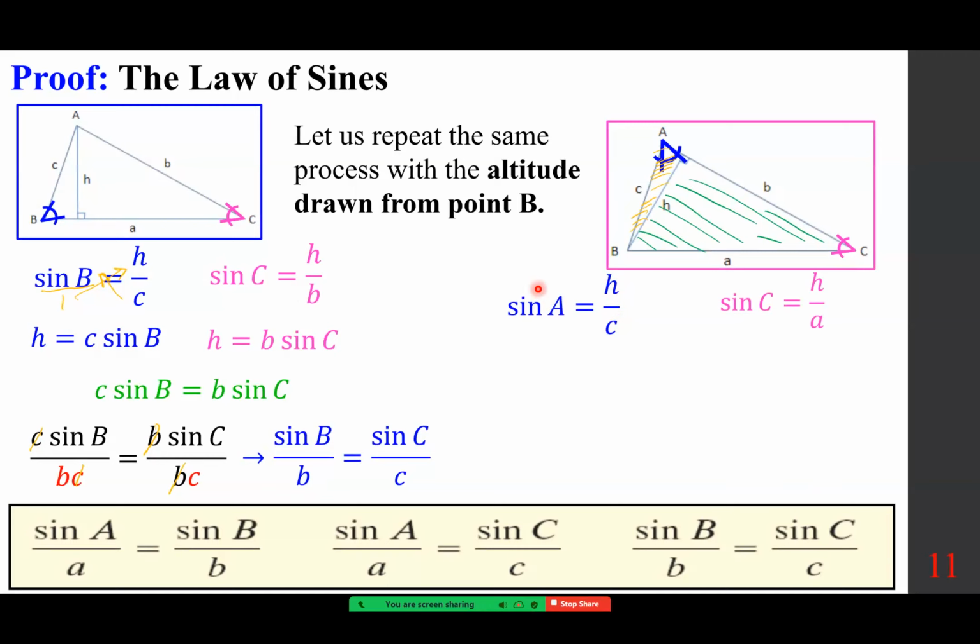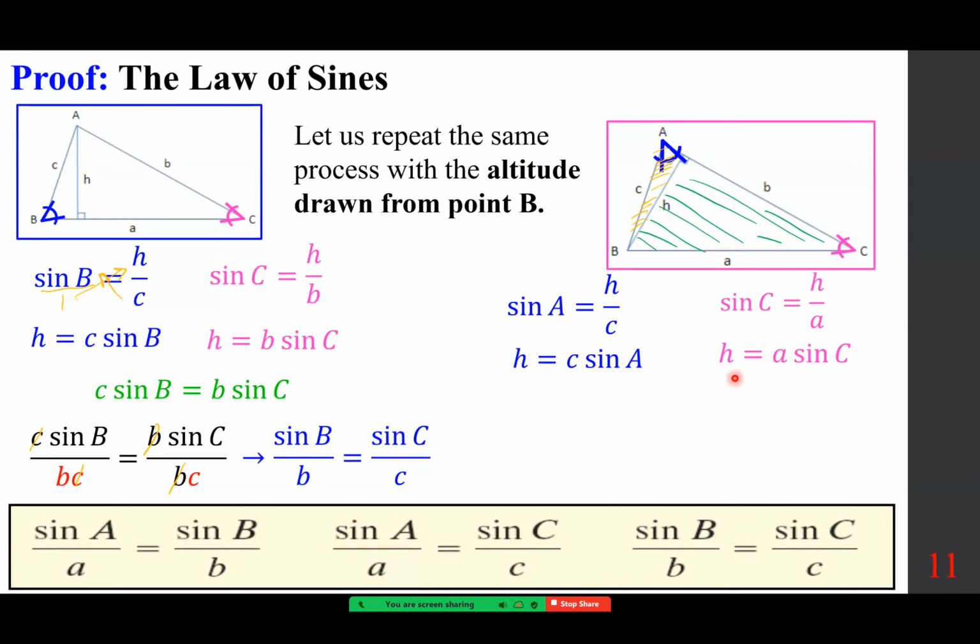So H is the product of these two, C sine A. H is the product of these two, A sine C. Because both of them are equal to H, we can say these two are equal.